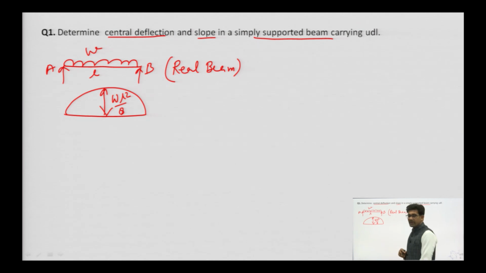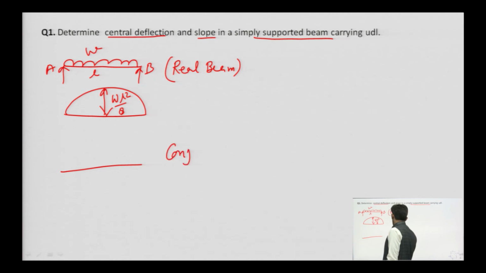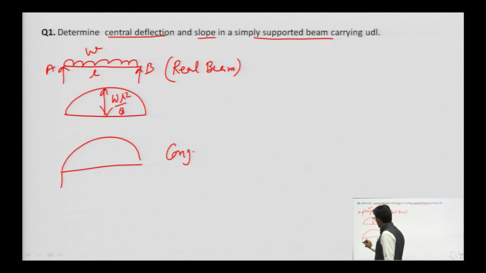And what will be the conjugate beam? Its conjugate beam will be this one. The end conditions are outer hinges, so we are not going to change anything here.